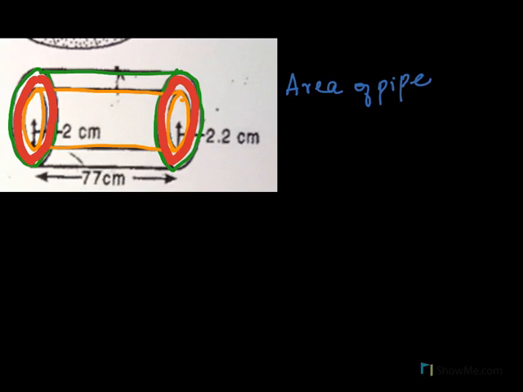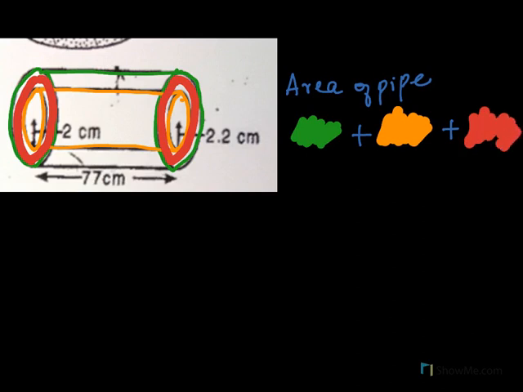Three surfaces we said. One is the green one, the outer. Plus we had the yellow one, which is the inner one, and then we had this red one. So again, the outer CSA, the inner CSA, and the area of the two rings.